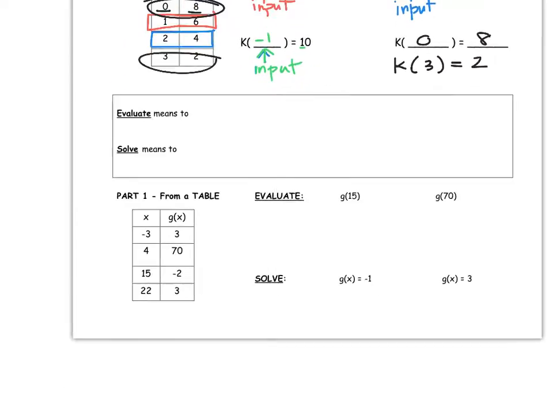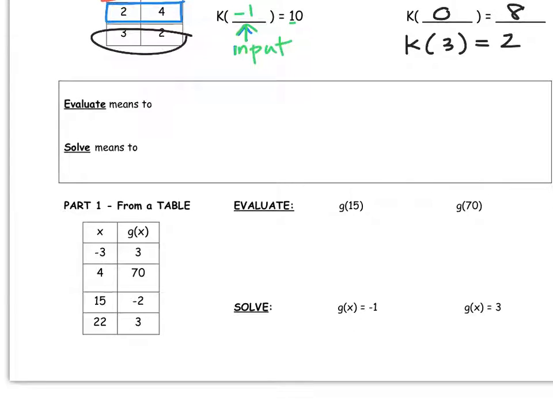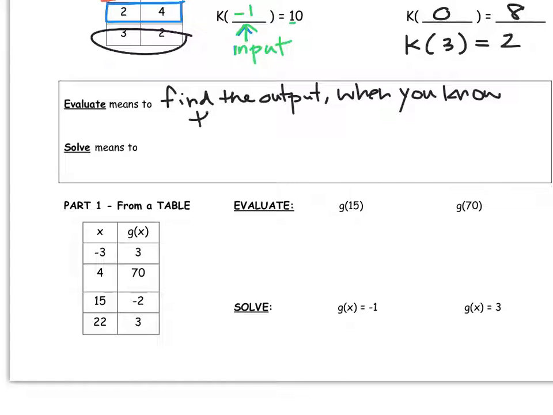Alright, so next we're going to talk about how to use function notation to do two things. We're going to evaluate and we're going to solve functions. So evaluate simply means to find the output when you know the input.